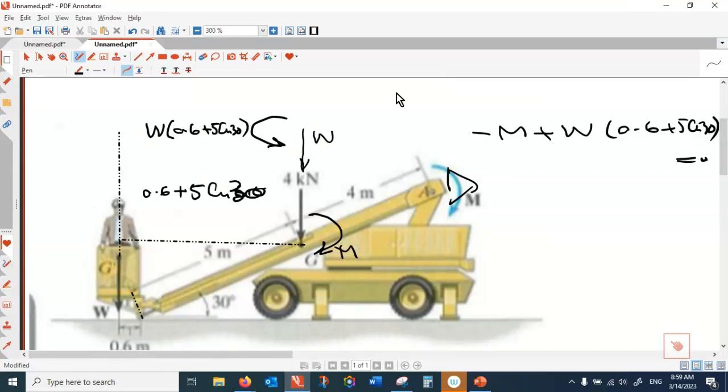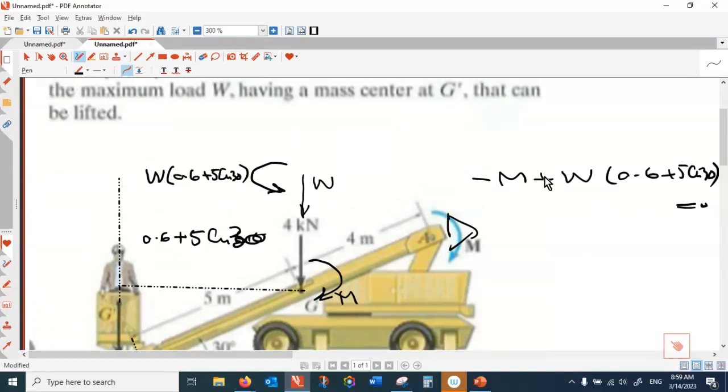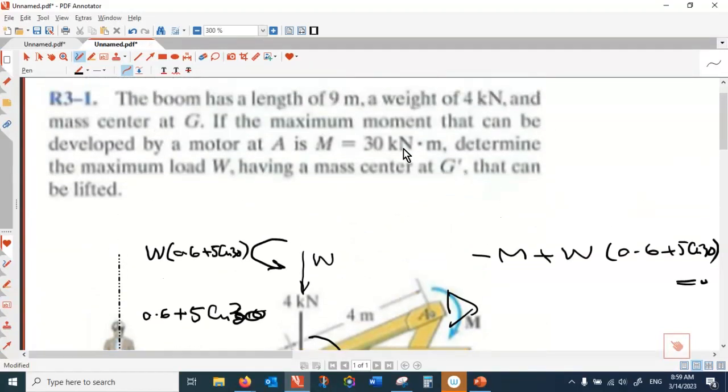When you are shifting a force normal to its line of action, you shift the force, you put it at the new point, and then the penalty you add is a moment, which is equal to that force multiplied by the shortest distance between the old position and the new position. All right, and then in this problem, we have been given M, and M is 30 kilonewton meter.